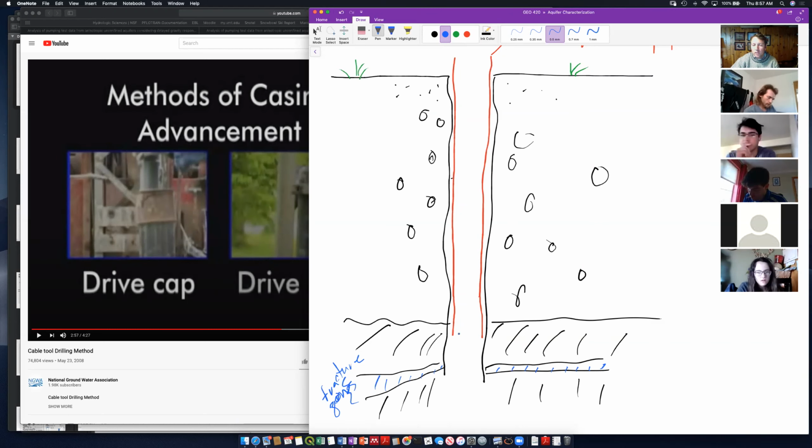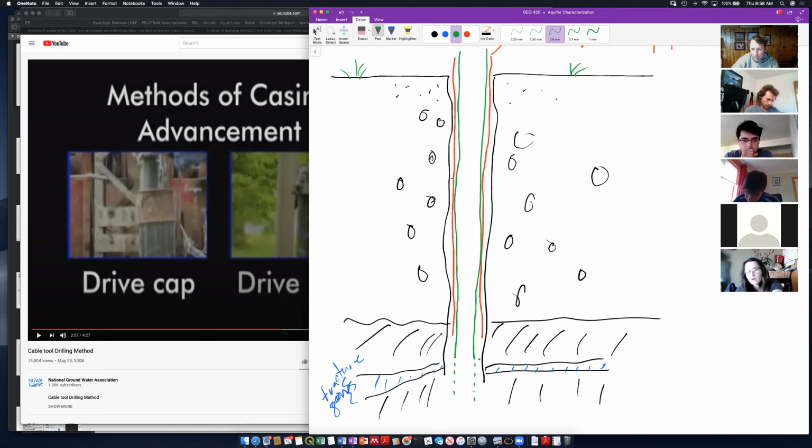All right, so we can use casing and we can nest casing. A lot of times we'll have what we call an outer casing that we drive through, say, the upper unconsolidated portion. And then we'll take another pipe that we run down inside the outer casing. And this one, we screen. Remember, we looked at borehole screen at the beginning of class.